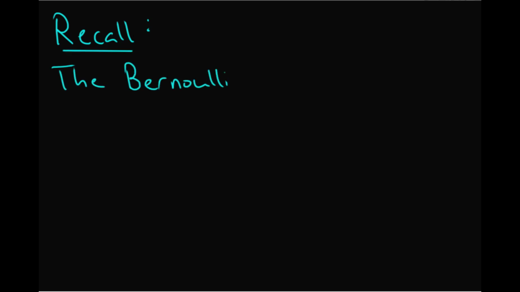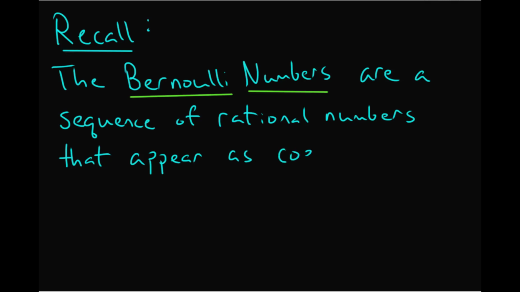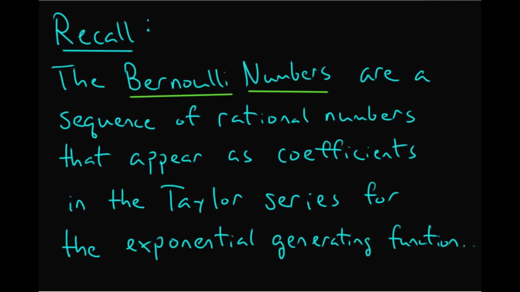Now, we've seen Bernoulli numbers arising in the context of Taylor series already. In fact, I'm going to ask you to recall a couple facts. The first of which is that the Bernoulli numbers are a sequence of rational numbers that appear as the coefficients in the Taylor series for something known as the exponential generating function. And the exponential generating function for the Bernoulli numbers is this function, x over e to the x minus 1.